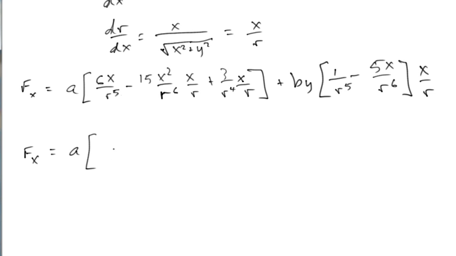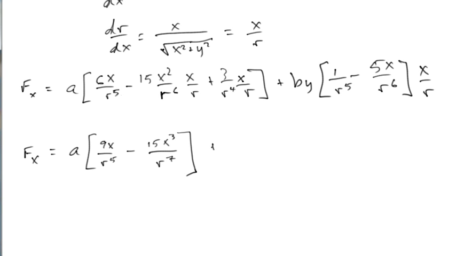So 6x, I think I got an r to the 7th, and I got another r to the 5th right there. So I've actually got 6x plus 3x over r to the 5th. So that'll be 9x over r to the 5th minus 15x cubed over r to the 7th.